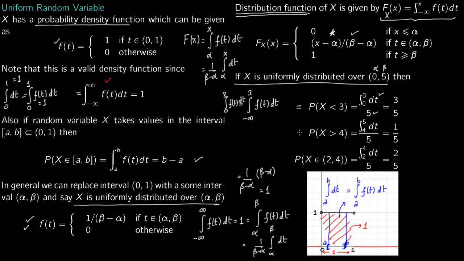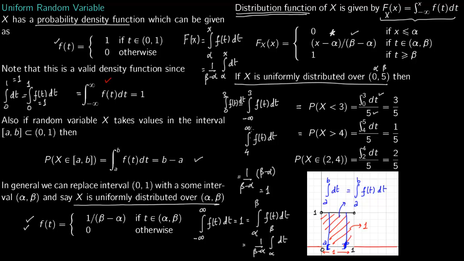That's what comes here. X is greater than 4. Technically this means we are going to find integral from 4 to infinity f of t dt. Again we are only concerned about the interval between 0 and 5.